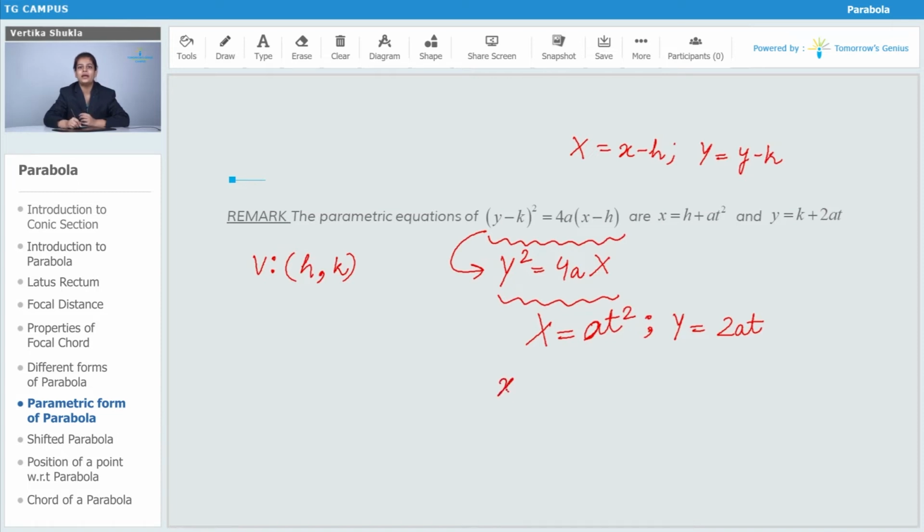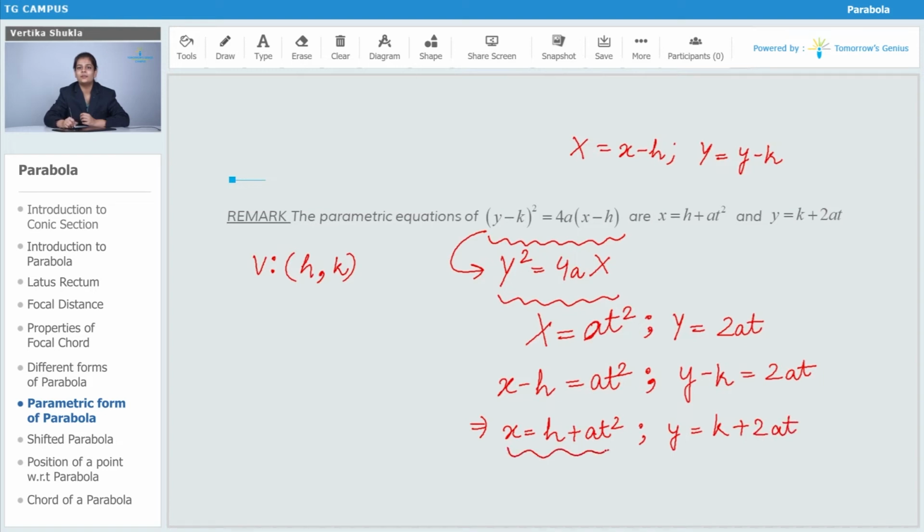Capital X is given by x minus h. So x minus h is equal to at square. And what is the value of capital Y? Capital Y is given by y minus k. So y minus k is equal to 2at. So from here you can say that x is equal to h plus at square and y is equal to k plus 2at. So what is the only difference that we can see in these parametric coordinates?